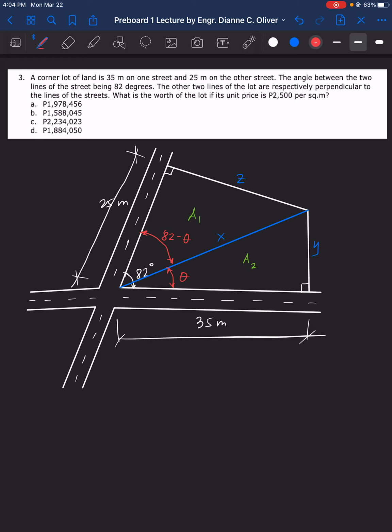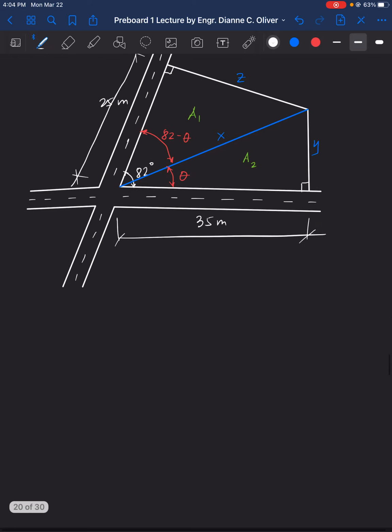I hope you get the idea. Cosine of 82 minus theta, because it's a right triangle already, is equal to the adjacent 25 meters over the hypotenuse x. So for x, we have 25 all over cosine of 82 minus theta.